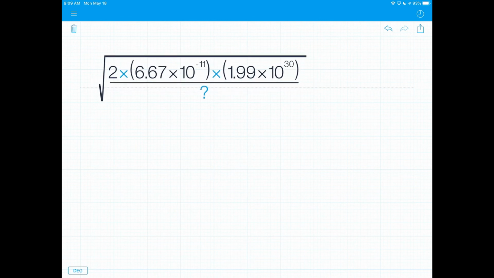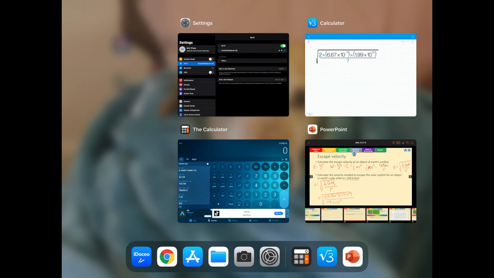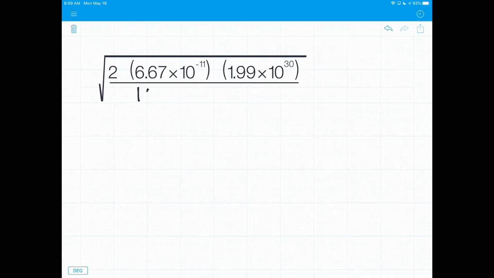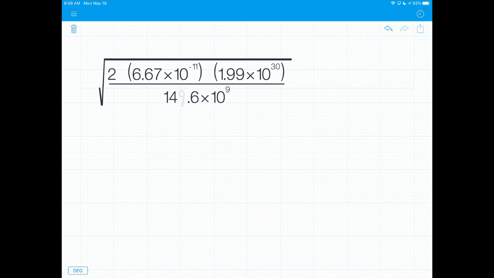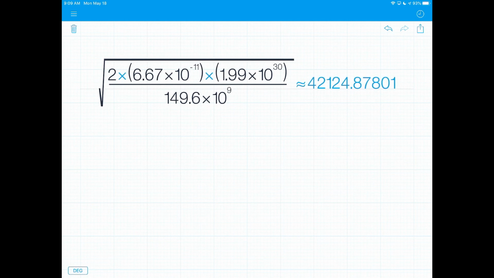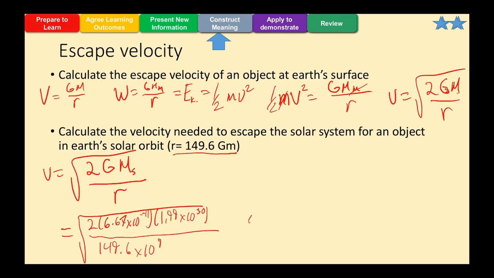Okay, and my radius was 149.6. So we are looking at 42,124 meters per second, or approximately 42 kilometers per second.